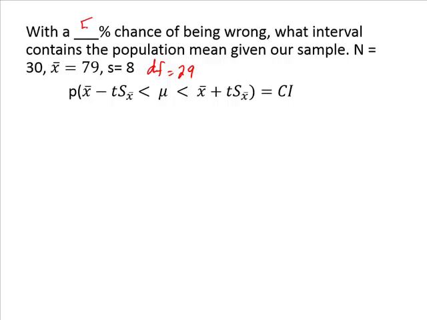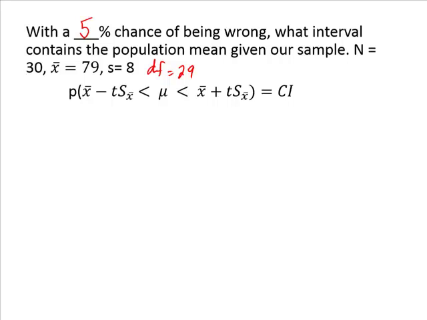Why 5%, Jake? Because everybody uses that for everything else, right? It's either 5% or 95%, right? So we're going to have a 5% chance of being wrong. So let's look at our table. Which column gives us that 5% chance of being wrong?